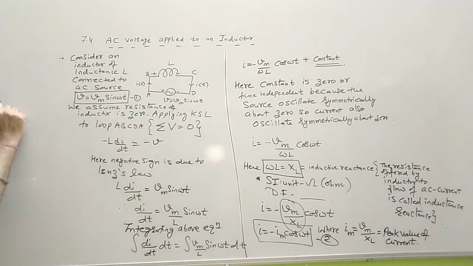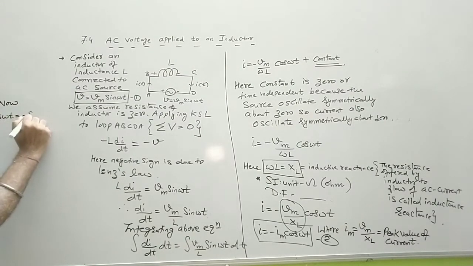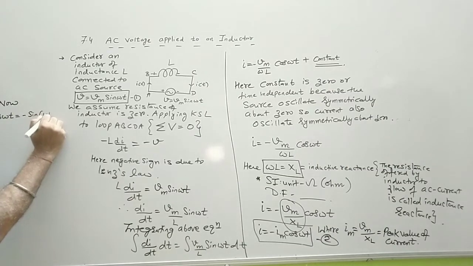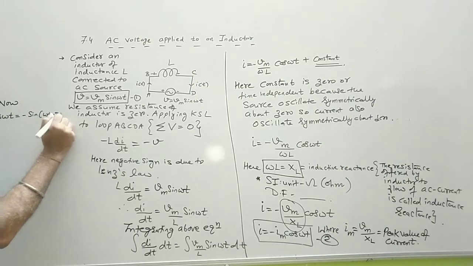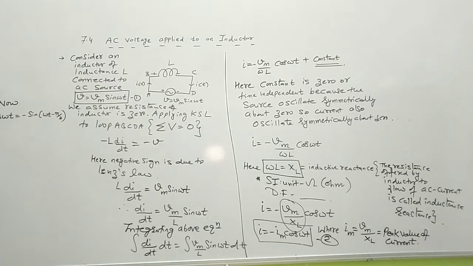Now mathematically, minus cos of omega t can be written as minus sine of (pi by 2 minus omega t). You can understand this by reversing the function. So this equation can be written as sine of pi by 2 minus omega t, that is the first quadrant.